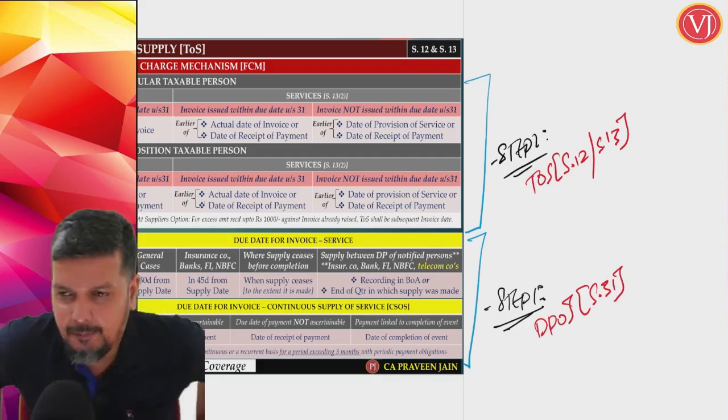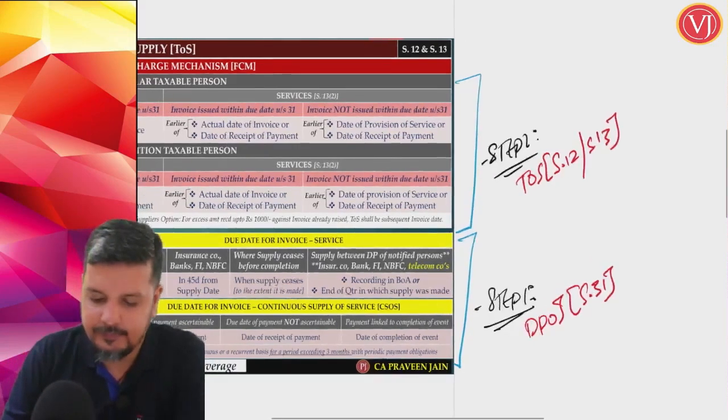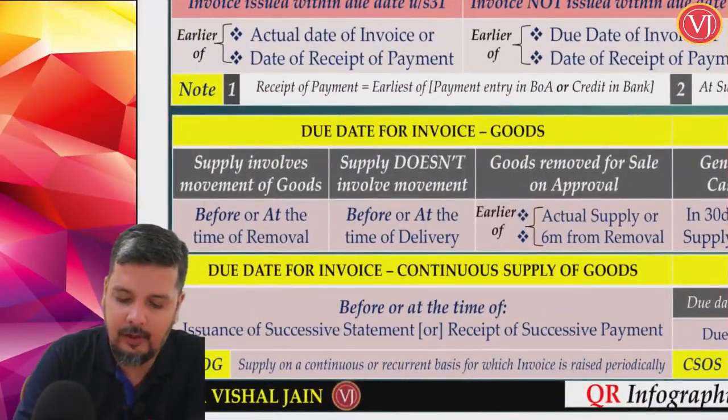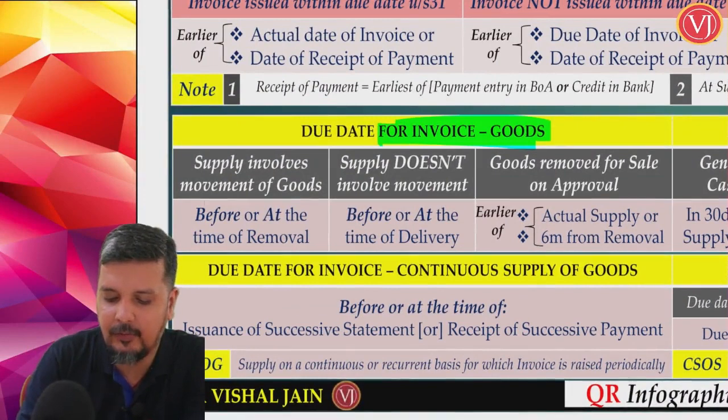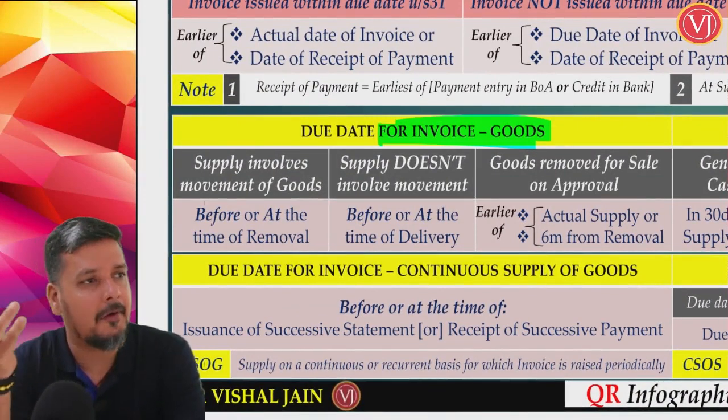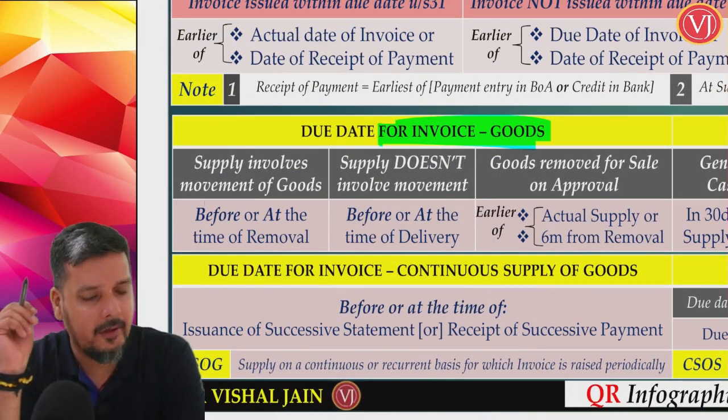Now when you talk about step number 1, due date of invoice for goods, we'll take normal scenarios for goods. This is actually part of your document chapter. We are taking it here because step number 1 is the due date of invoice.